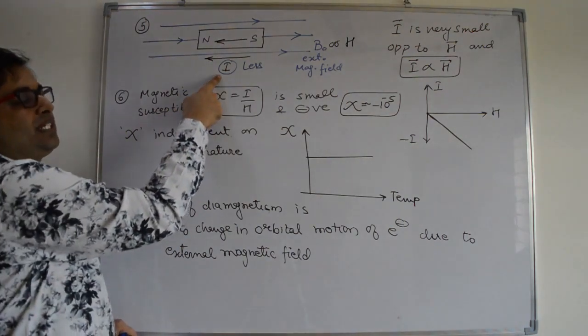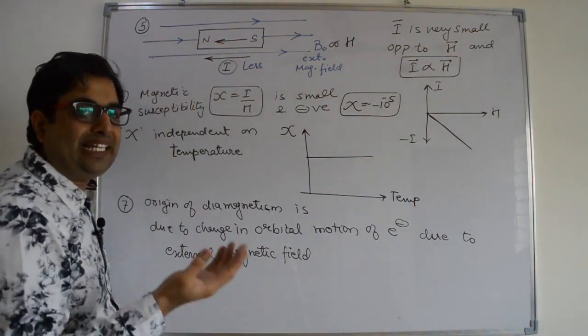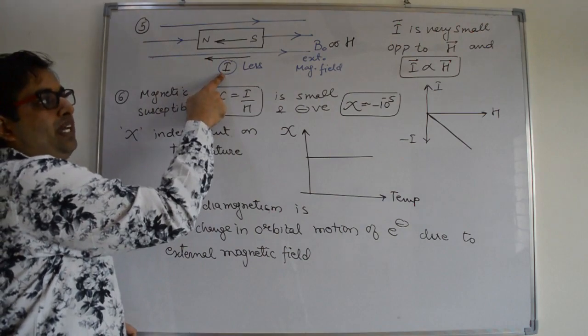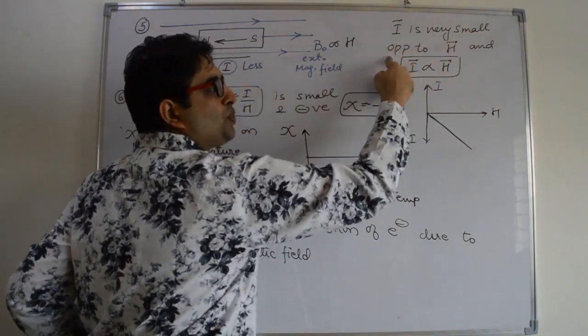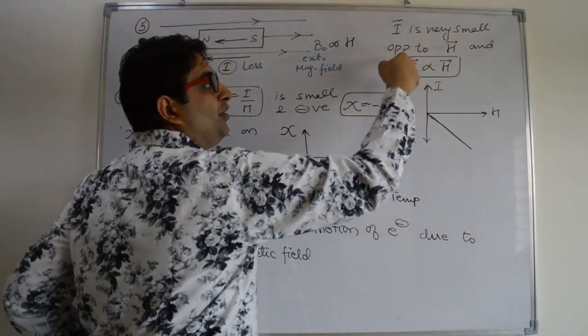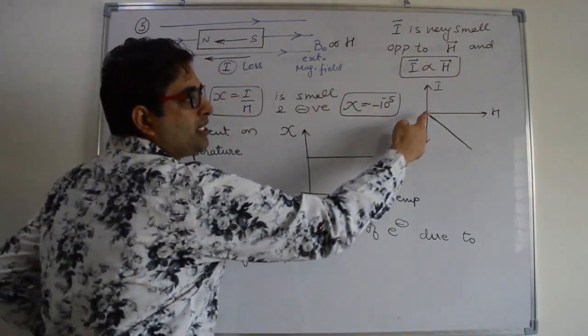So this intensity is very small. So this type of material is slightly magnetized in the opposite direction. So the value of I is opposite to H. I is very small and its direction is opposite to H. But the amount of I is directly proportional to H. This is the graph.